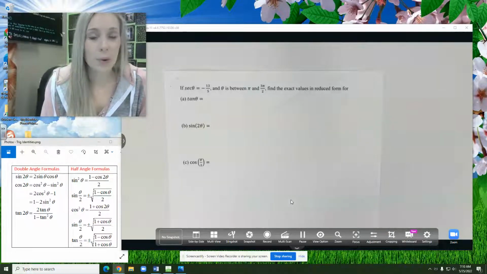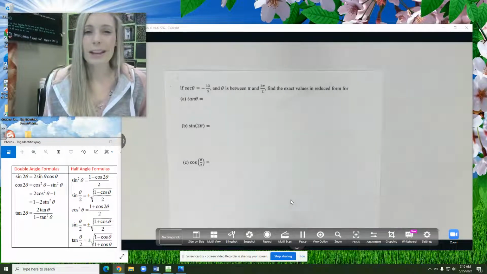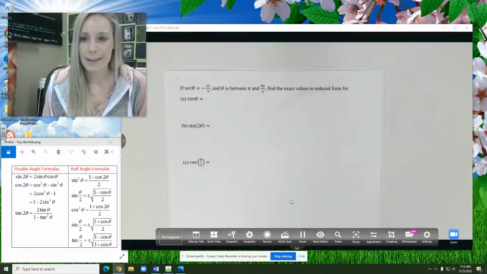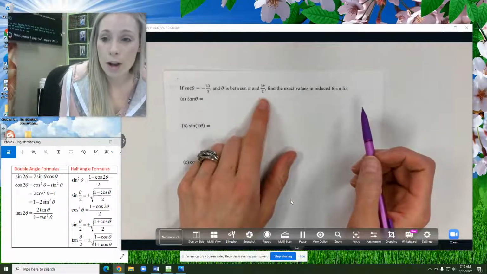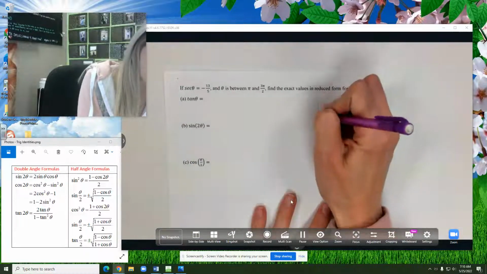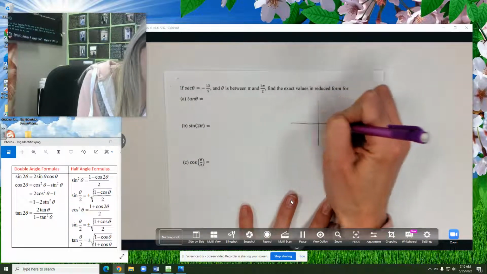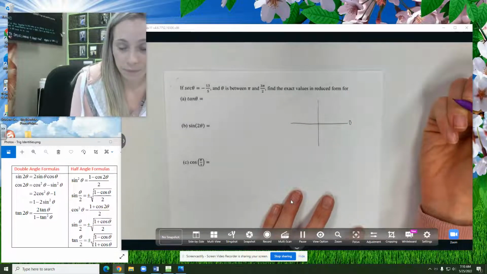When you are given a question like this, the first thing you should do is draw a triangle. And remember, when you're drawing your triangle, you're always making a reference triangle with the x-axis. So this piece right here is telling you what quadrant your triangle is going to be in. Now, if you think back to when you learned the unit circle or radians, this was always 0 radians.